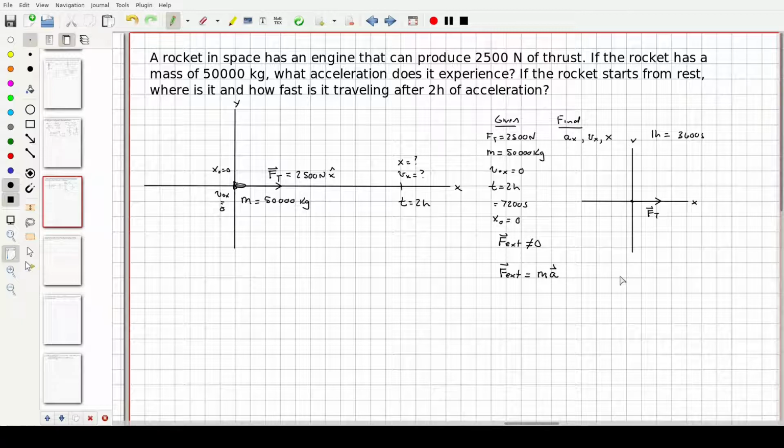Okay? Now, so here we only have one force. When you add it up, it adds in as the tension, or not the tension rather, but the thrust. Okay? So, m times a vector is equal to F vector. But look, in the y direction, there's nothing interesting going on.